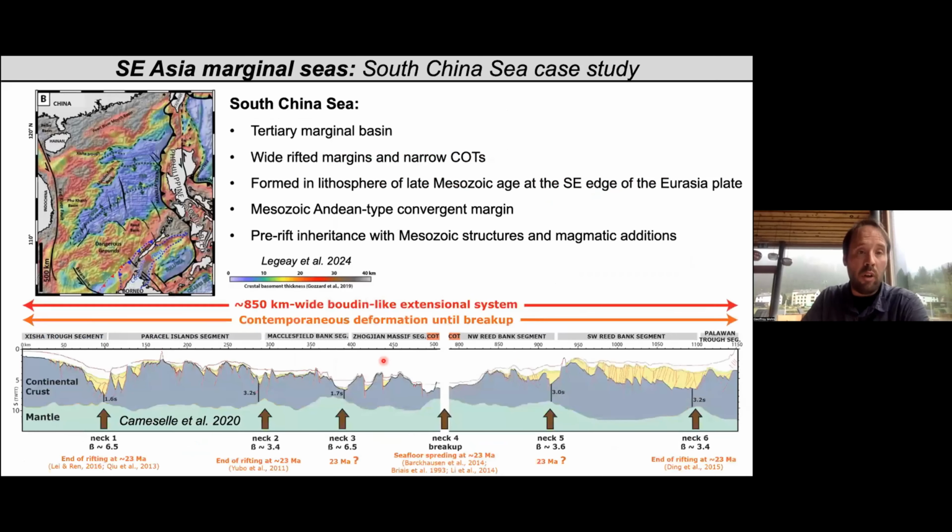Okay, so I will now focus on the case study of this talk, which is the South China Sea. It is located offshore south of China, with the Philippines to the east and Vietnam to the west.